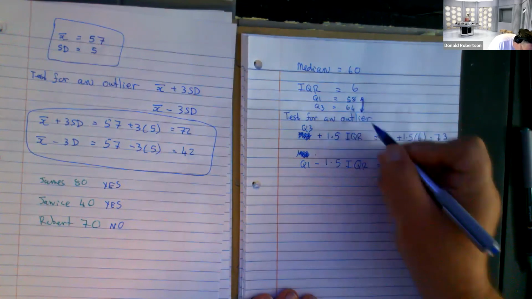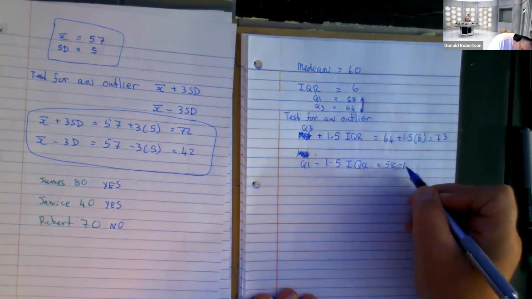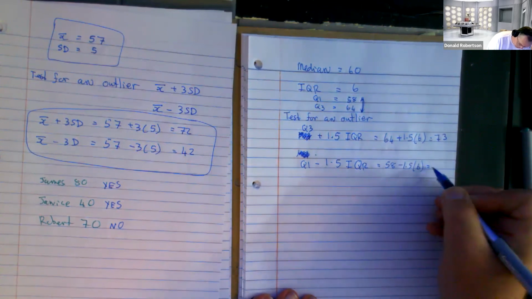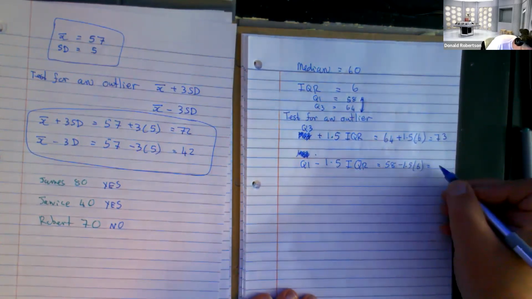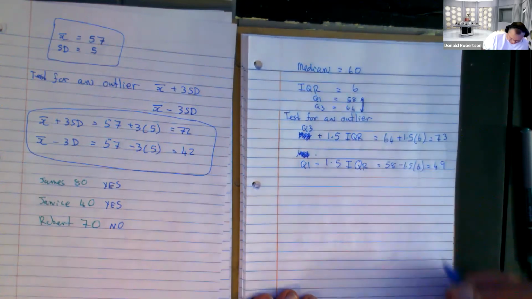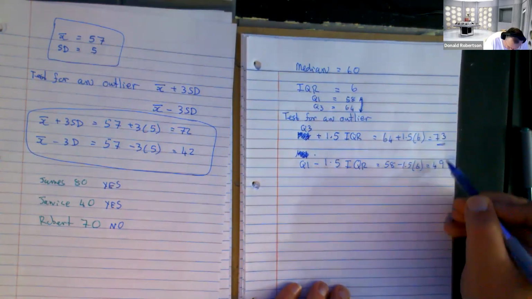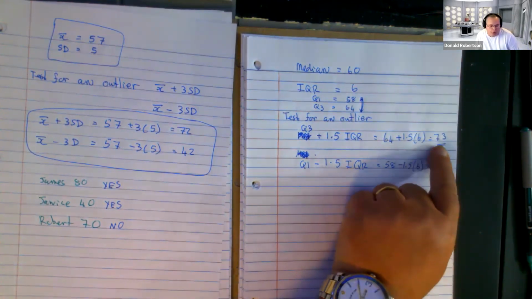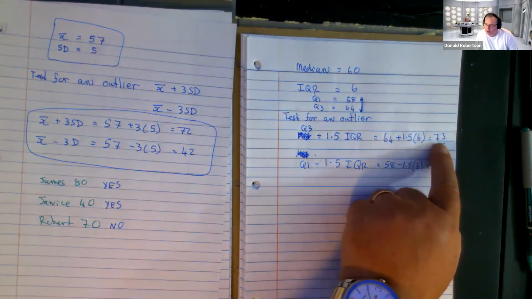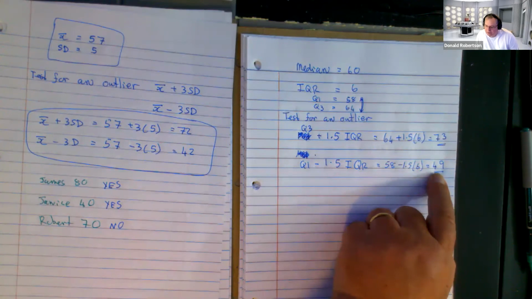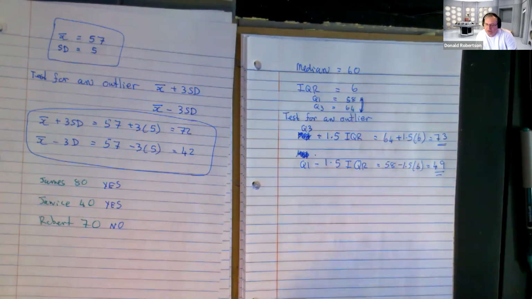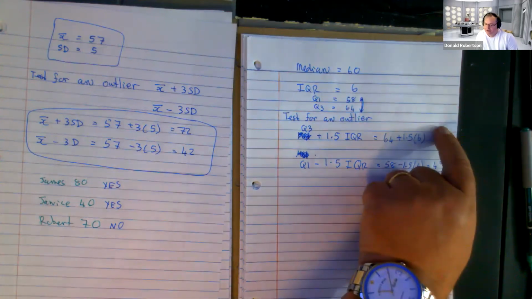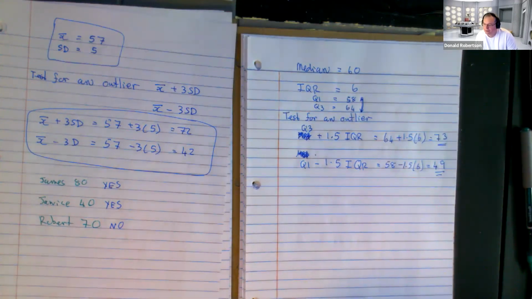And Q1 was 58, and you take away 1.5 interquartile ranges, that's 9, so you get 49. So these are the extremes. You are an outlier if you're bigger than 73 inches, which is 6'1", and you are an outlier if you're under 49 inches. If you're less than 4 feet, you're an exceptionally small person for that age group. And if you're 6 foot and a bit, you're exceptionally tall for that age group.